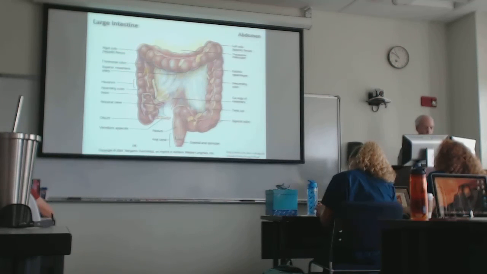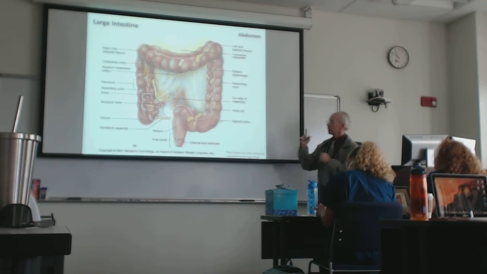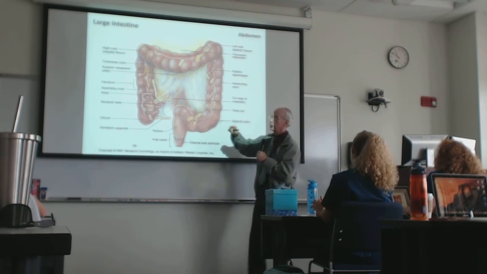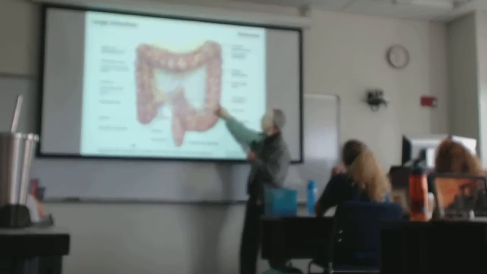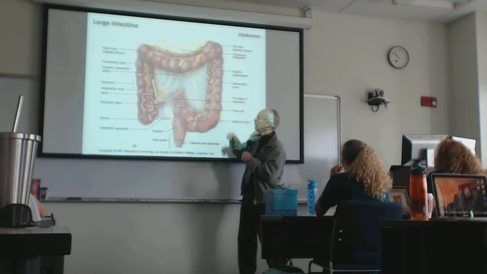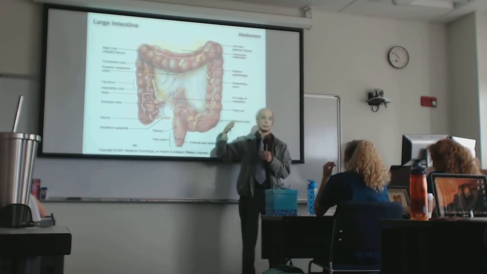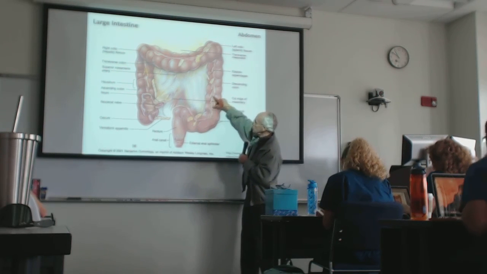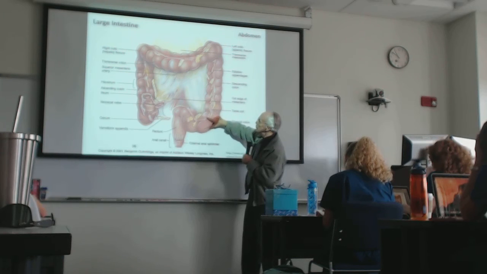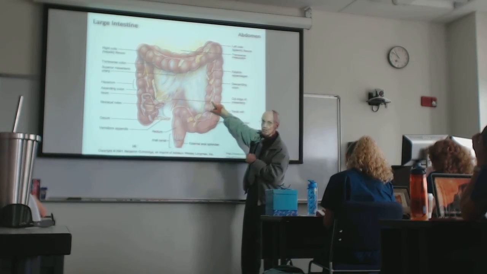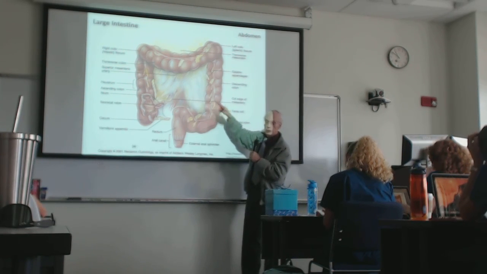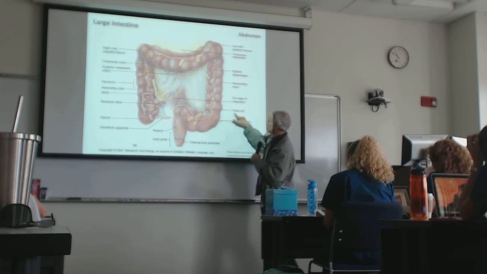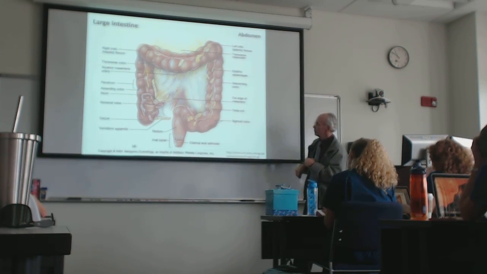The outer region, remember we said that the muscular layer of the GI tract normally consists of a radial layer. That's mostly what these impressions are. And then there's a longitudinal layer. Well, that sort of changes a little bit in the colon. The outer longitudinal layer forms these three bands. You really don't see them here, but there are three bands of muscularis externa, the lengthwise, and these are called taenia coli. Taenia coli.